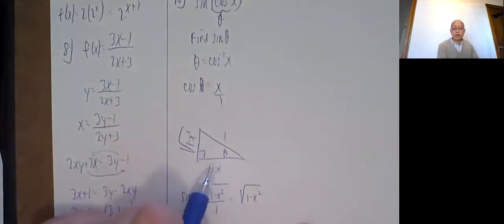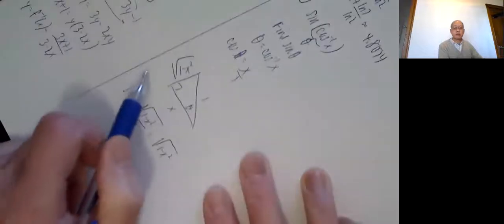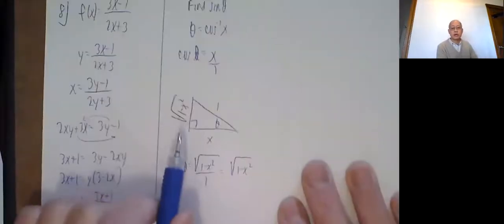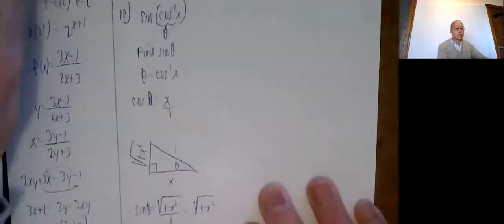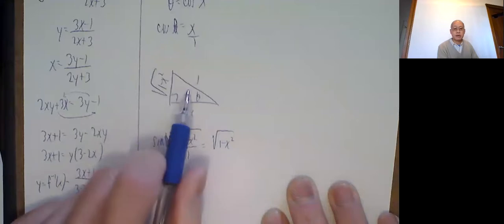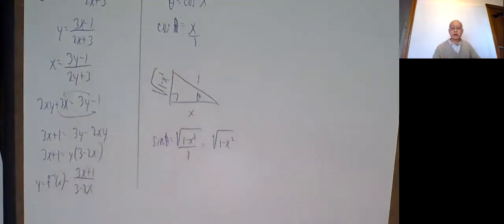So I put the adjacent as x, hypotenuse is 1. A little bit of a squared plus b squared equals c squared. This side comes out to be square root of 1 minus x squared. And we're asked to find sine of theta. So sine is opposite over hypotenuse. So opposite, radical 1 minus x squared, divided by the hypotenuse of 1. So radical 1 minus x squared.